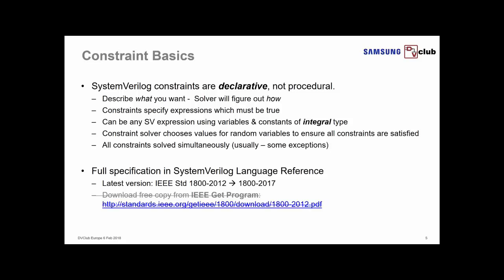At one point, you could download a free copy from IEEE. That link for the 2012 version seems to be invalid, and I'm hoping that in the next weeks or months, you'll be able to download the 2017 version in a similar manner. So stay tuned.